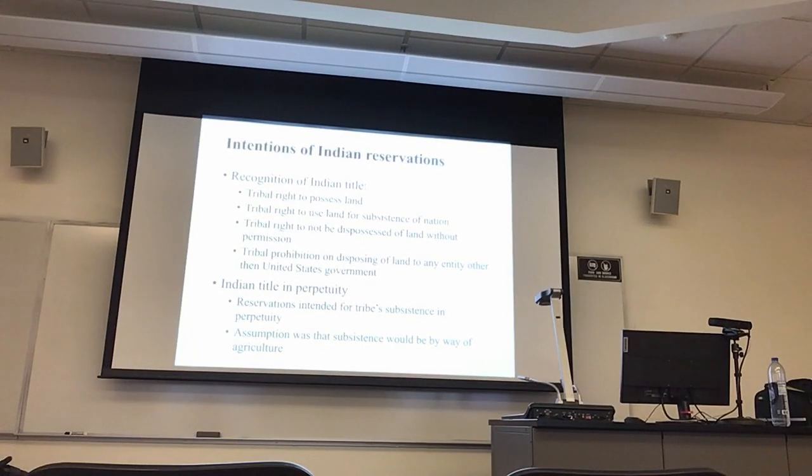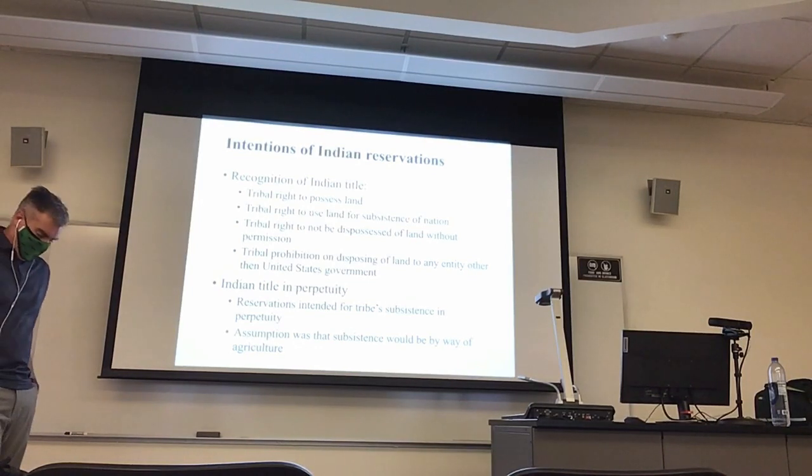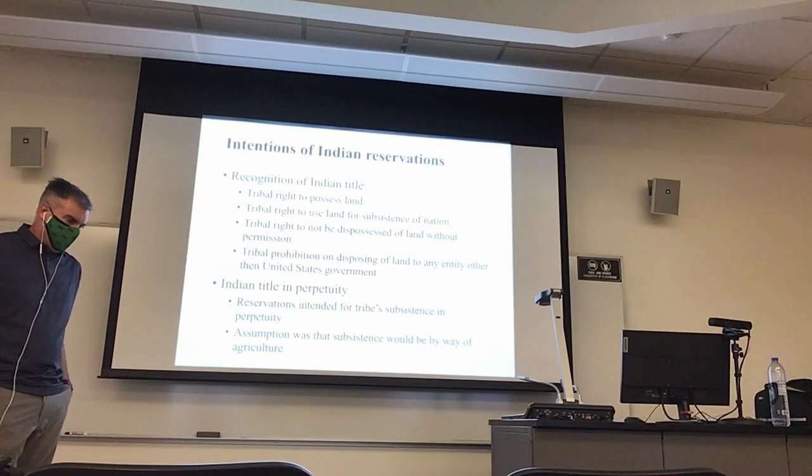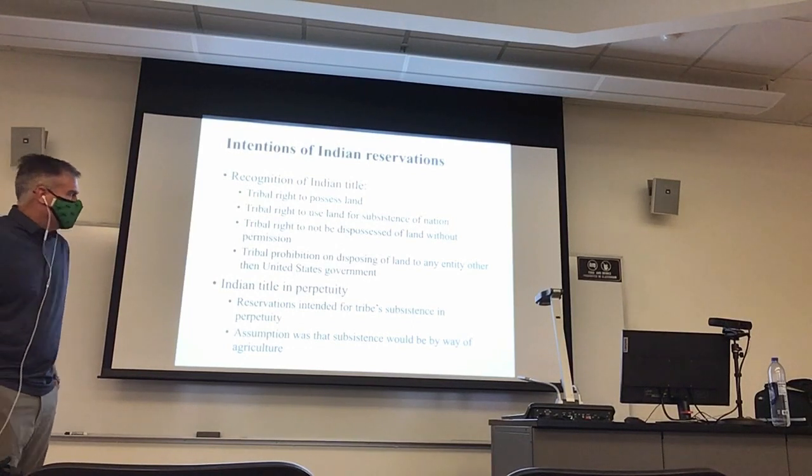Or actually, the way he defined Indian title, and we haven't really talked in depth about this, but if you read this chapter, he covers the other two cases of the Marshall Trilogy, which are Cherokee Nation versus Georgia, which was thrown out of court, never heard, rejected by the Supreme Court as not within their jurisdiction, and Worcester versus Georgia, which basically separated state authority from tribal authority or from tribal land. You'll read more about those.